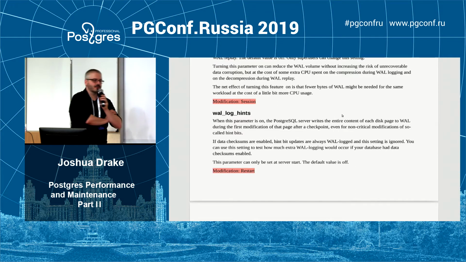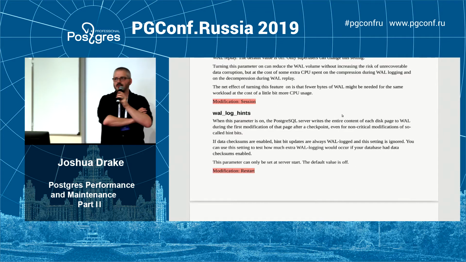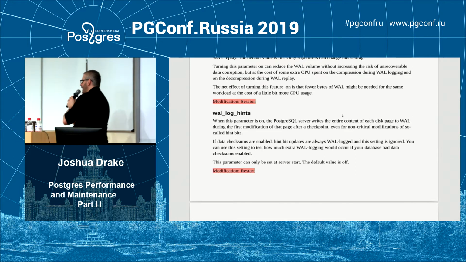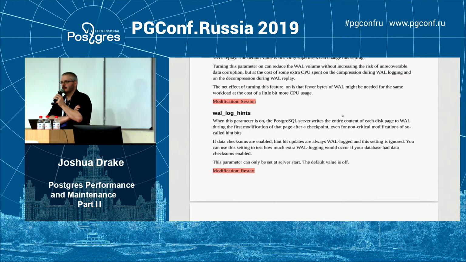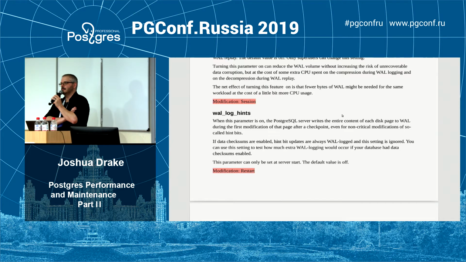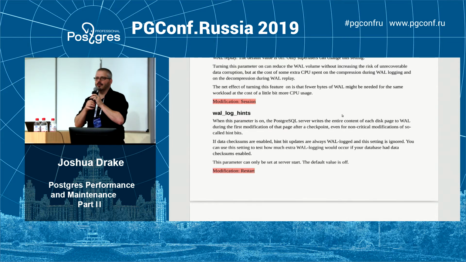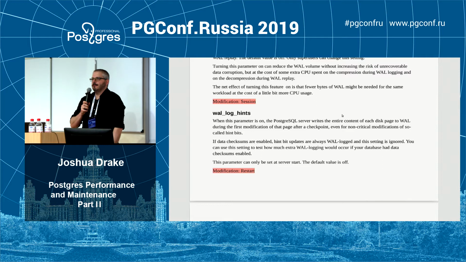So by default, Postgres does not checksum its writes. Postgres has a long history of saying, we're a database, not a hardware RAID controller, not an OS file system manager. Right? So it didn't used to checksum stuff. But what we found over the years is you can't trust RAID controllers.